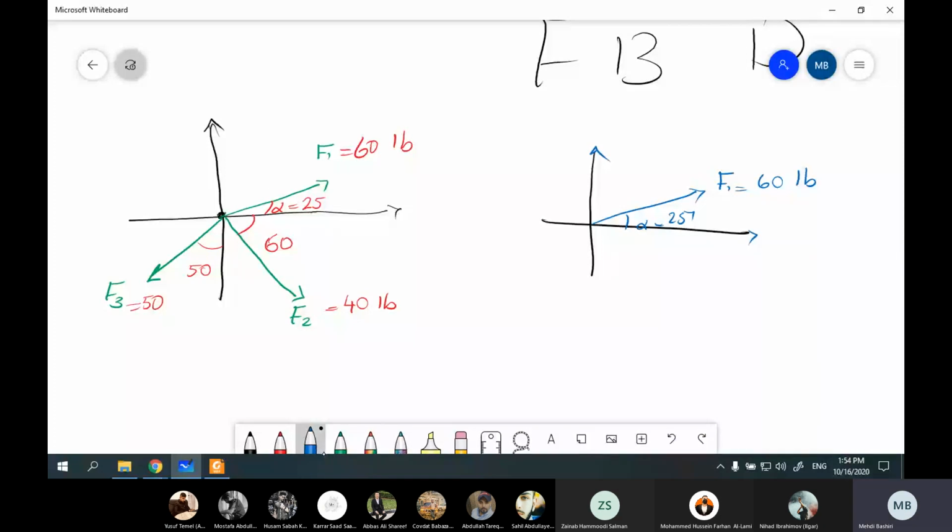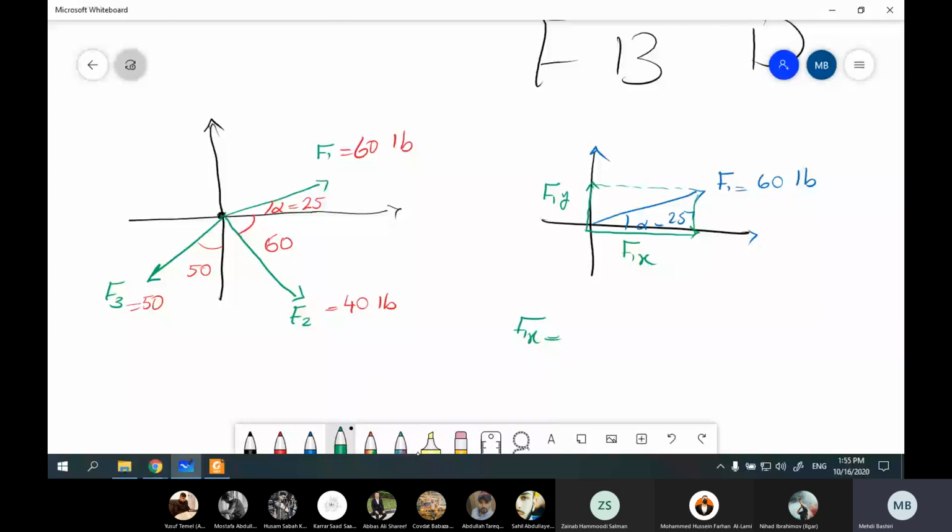We'll have F1x and F1y. What is F1x? This angle is 25. F1x is near the angle.